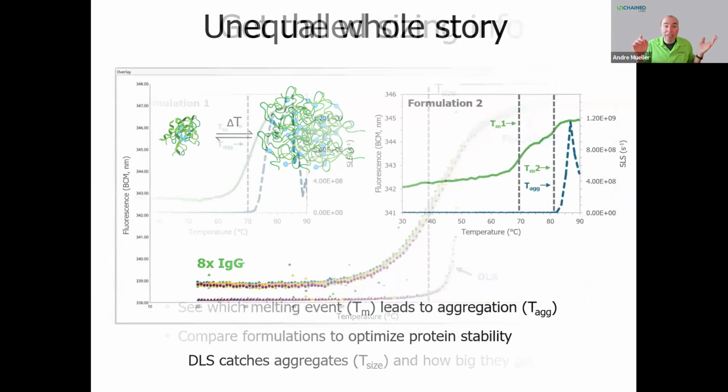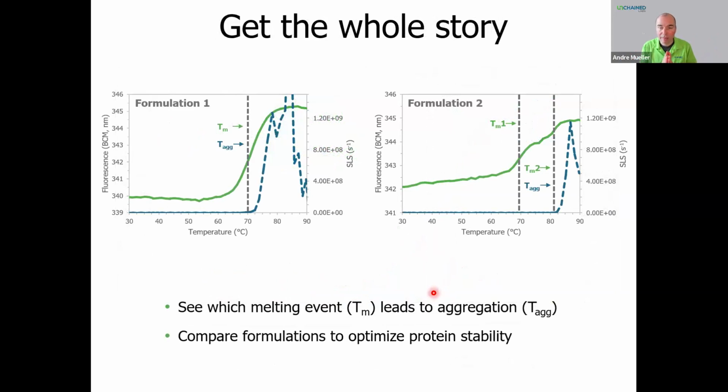It is really important to get this information about your sample in parallel, all at the same time, so your sample is treated in the same gradient. Here in this example, that whole story is for trastuzumab in formulation 1 on the left, formulation 2 on the right. And you can see that in formulation 1, trastuzumab has one single melting event and one aggregation that is correlated to that.